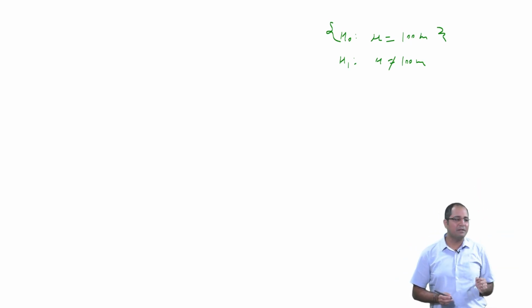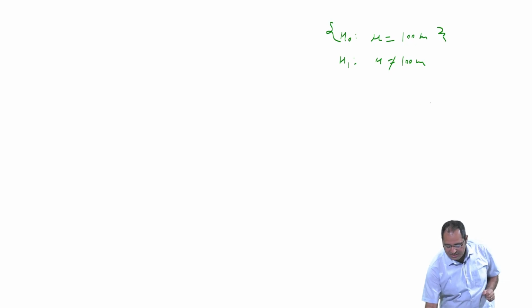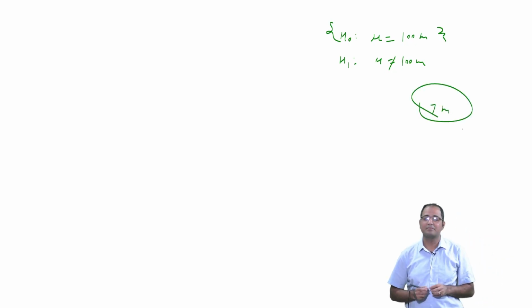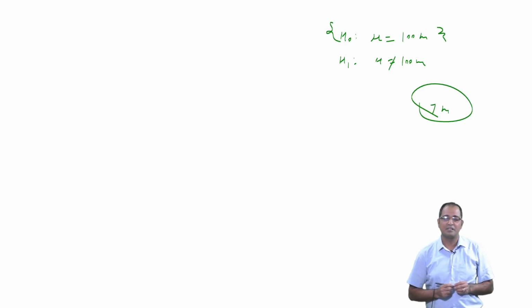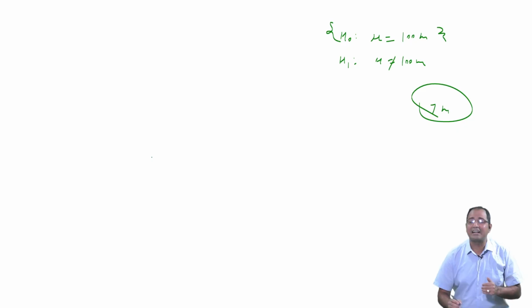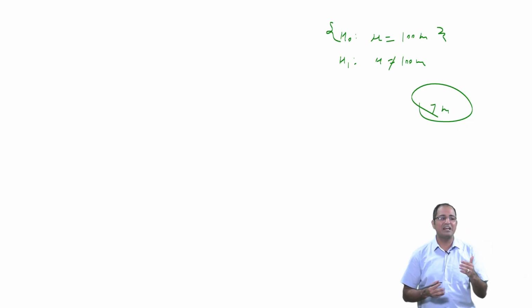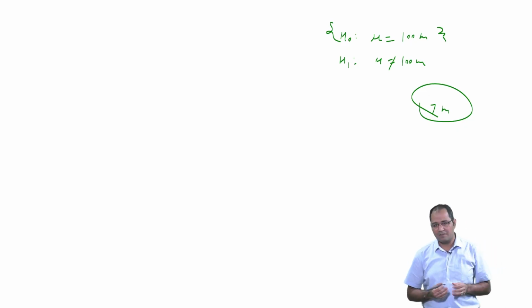And he got that the mean height in that particular sample of 35 is 7 meters. Now we will come to the sampling distribution to see whether to reject the null hypothesis or not.